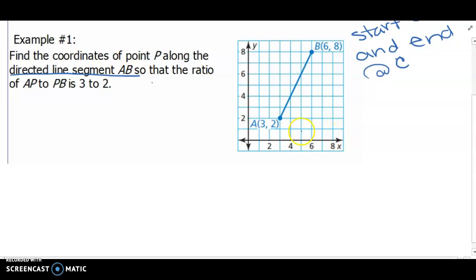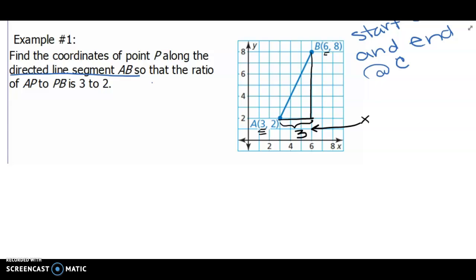Like I said, we're going to look at horizontal and we're going to look at vertical. Let's look at horizontal first. Everyone agrees that horizontal would be the change in x because the x goes left and right. So we're starting at 3 and we're ending at 6. If I just count this, this is 1, 2, 3, so this is 3 units.